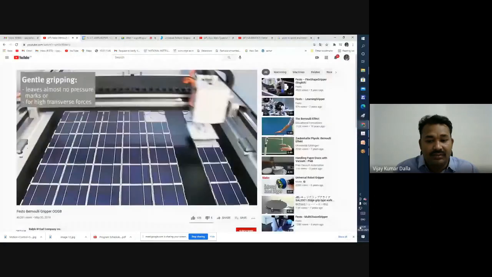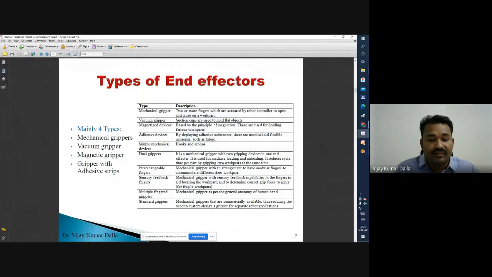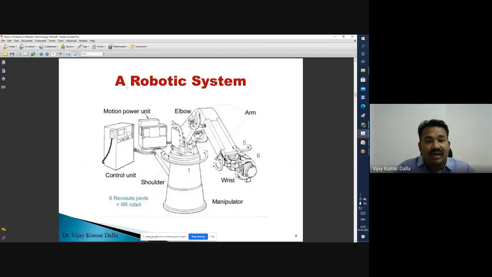Now coming back to the PPT. In this way, one can understand the various types and their description. Okay. Now a robotic system. A robotic system has a manipulator, power unit, and control unit. The manipulator provides motion to the robot so that it can perform the required task.